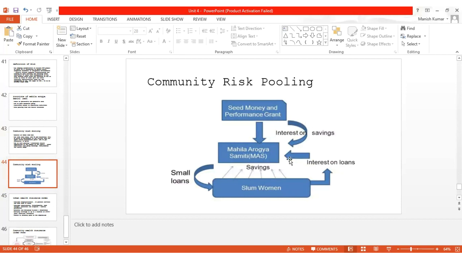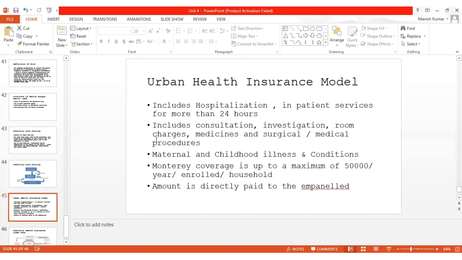This is invested on savings towards the Mahila Arogya Samiti, and the Mahila Arogya Samiti will pass on this money in the form of loans to the slum women, and this interest will go back to the Mahila Arogya Samiti. So this is a one-time fund provided to these MAS, and this is being used as a health insurance model.